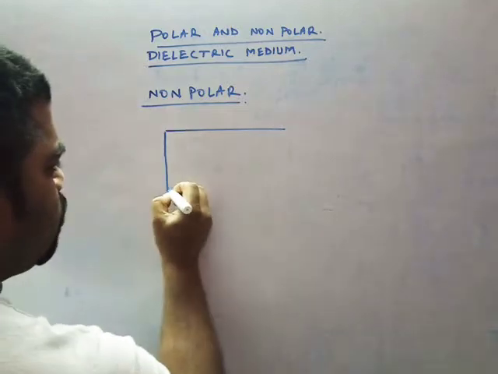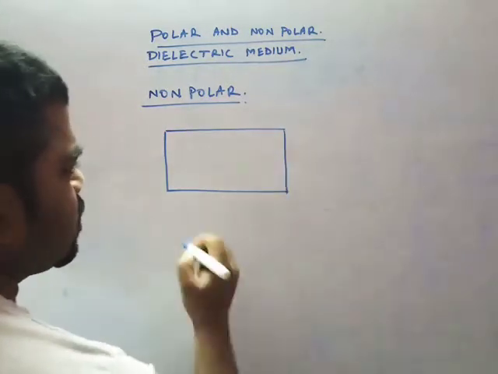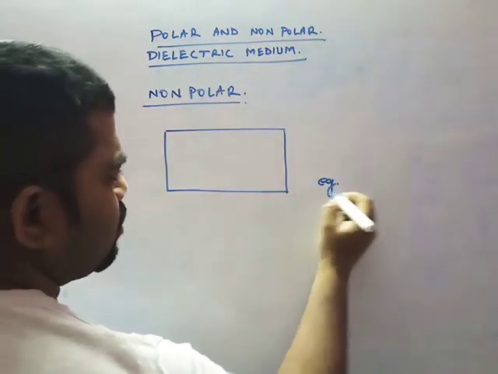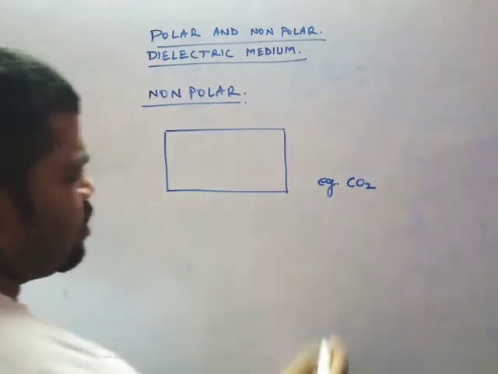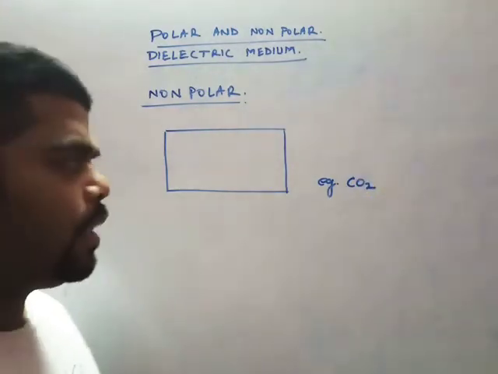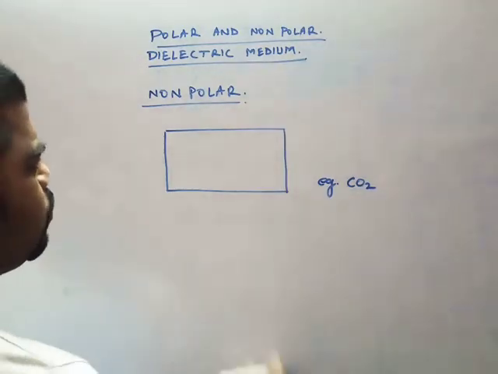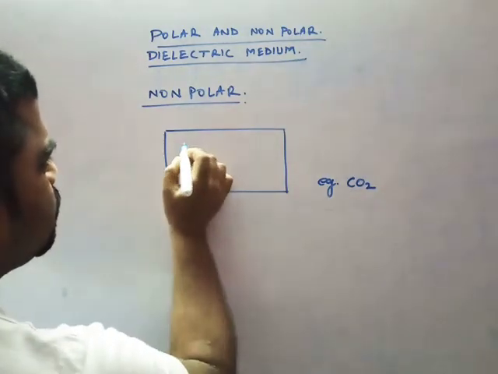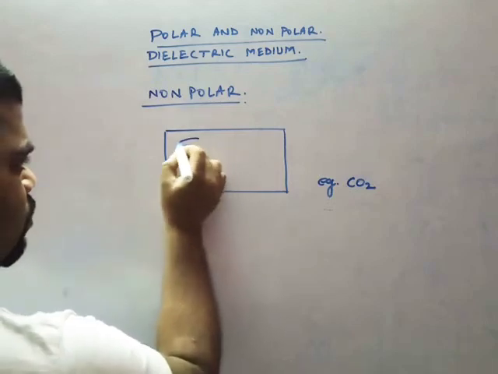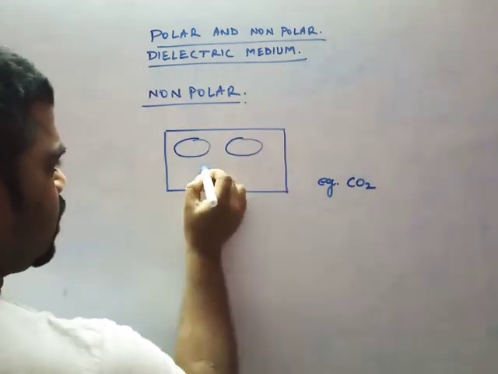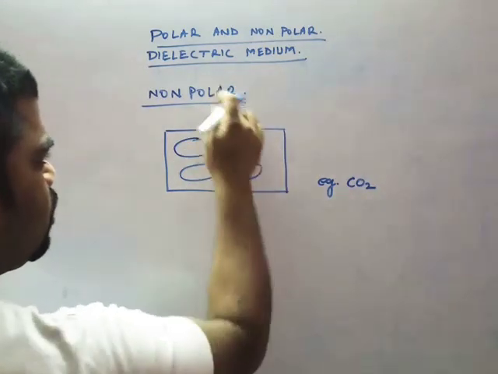This is a non-polar molecule. Let me consider an example, carbon dioxide, CO2. Let me draw some molecules first. This is about the non-polar.